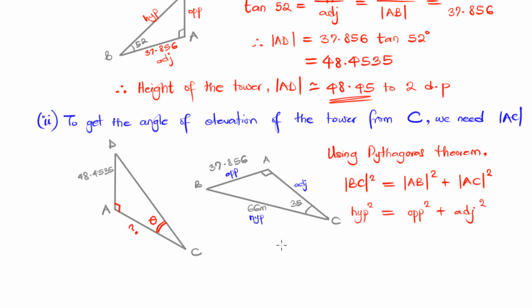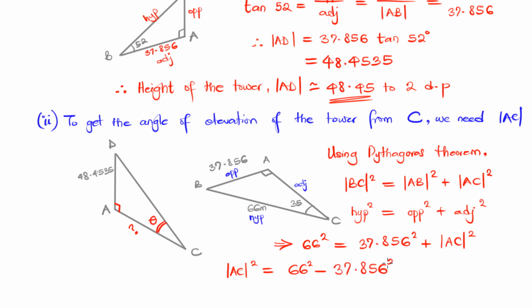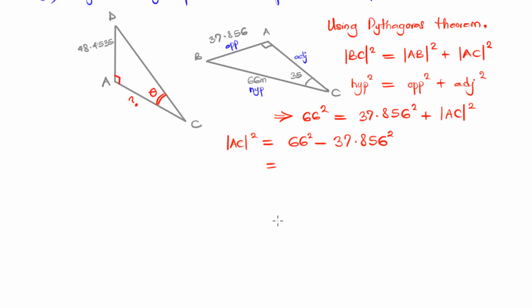If we put in the values, we are going to have 66 raised to power 2 is equal to 37.856 raised to power 2, plus AC, the adjacent we are looking for in order to get the angle of elevation of the top of the tower from point C. So if we collect like terms, AC squared will be 66 raised to power 2 minus 37.856 raised to power 2.